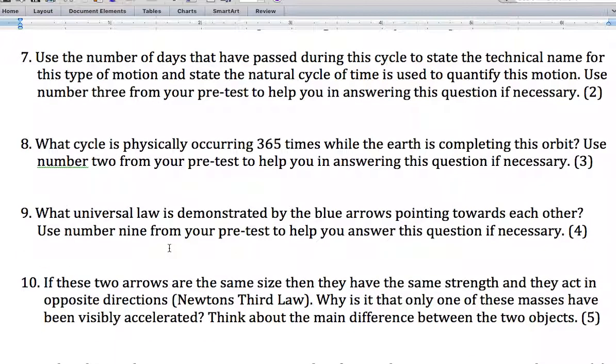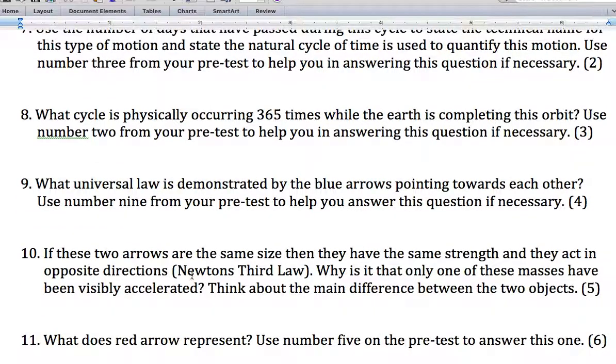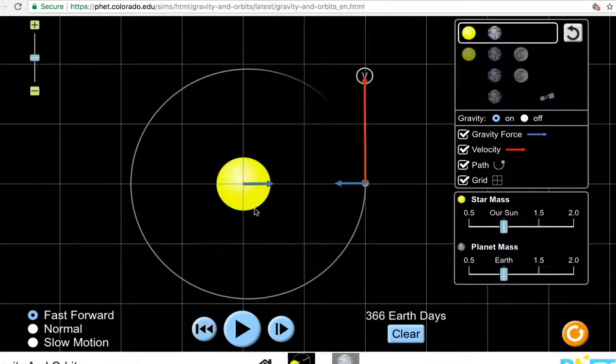Okay, so the next thing, number 5, if the 2 arrows are the same size, look at the strength of the force. Remember, we use the length of an arrow to represent the strength of the force. The strength that the sun is pulling on the Earth is equal to the strength that the Earth is pulling on the sun.